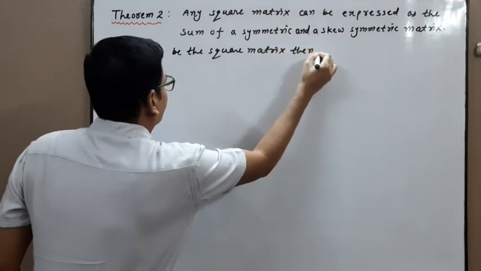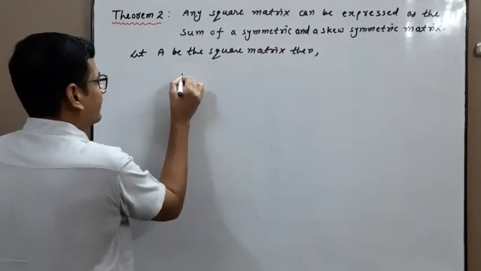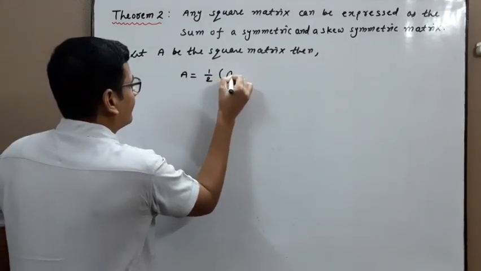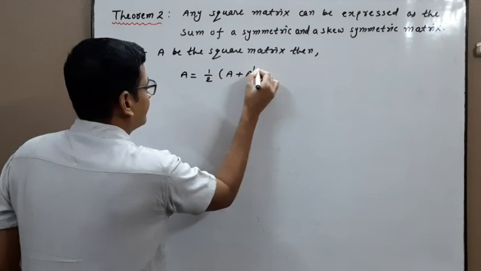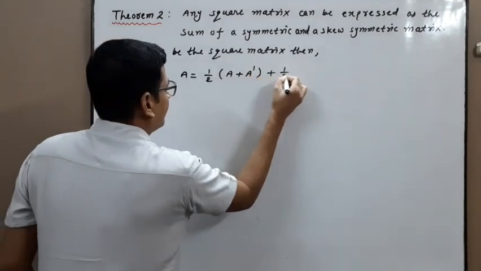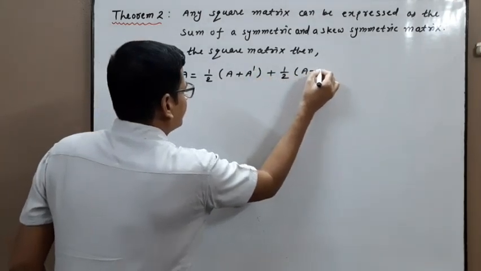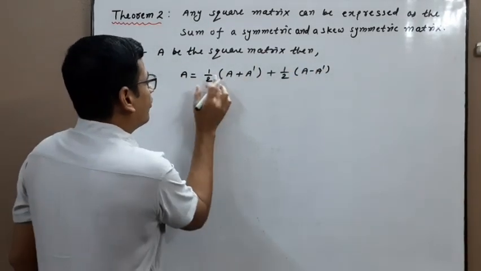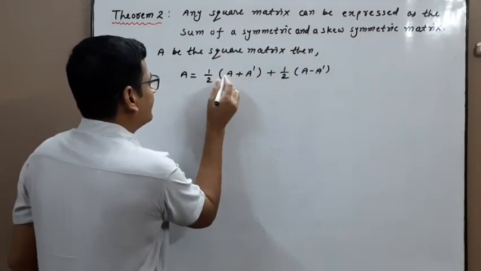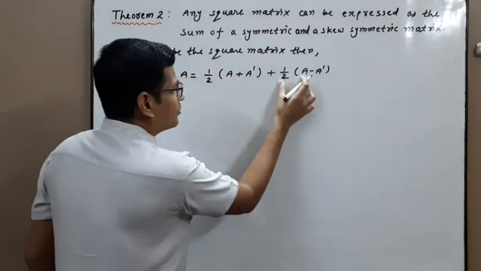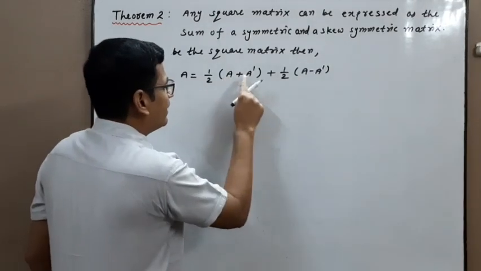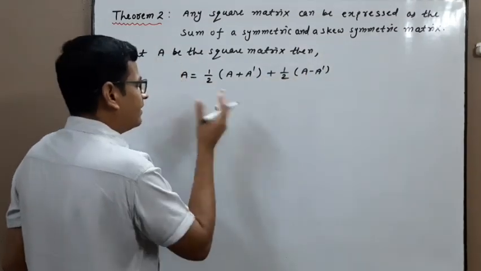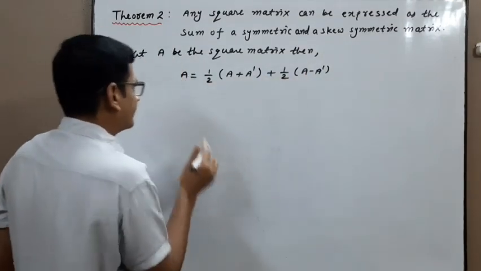Then we can write A is equal to 1 by 2 (A plus A dash) plus 1 by 2 (A minus A dash). Yes or no? When we simplify, open the bracket: 1 by 2 A plus 1 by 2 A equal to A, and 1 by 2 A dash minus 1 by 2 A dash cancel. So A equals A, so we can write this equal to this.